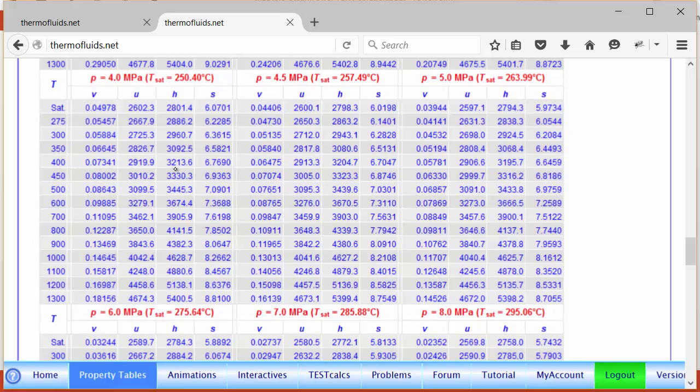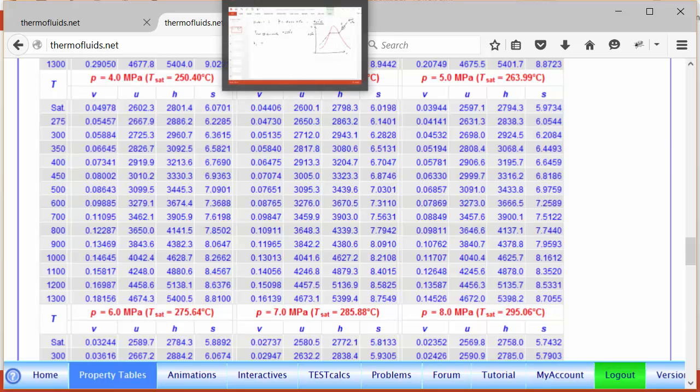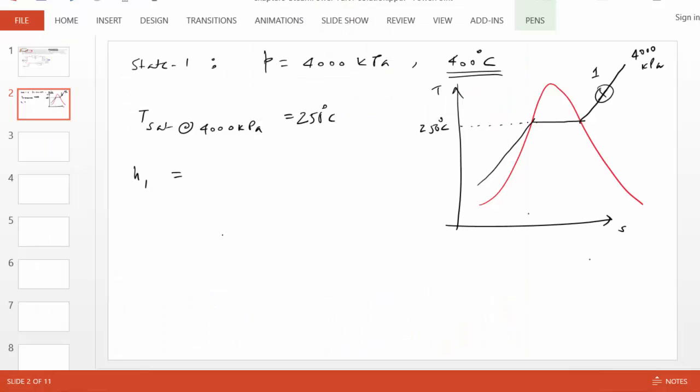So enthalpy is 3213 and entropy is 6.769. We go back and jot these numbers down. Enthalpy at 1, 3214, and entropy at 1, 6.769. These are standard SI units, so I'm not writing the units here to save time.